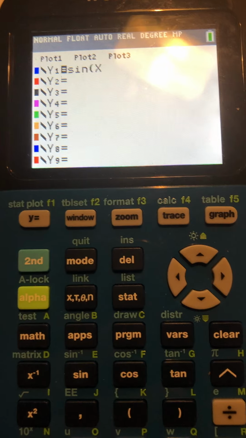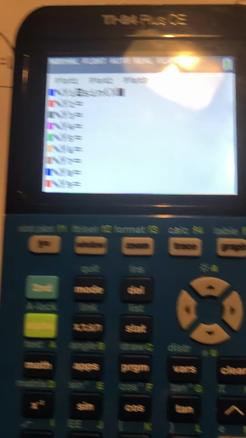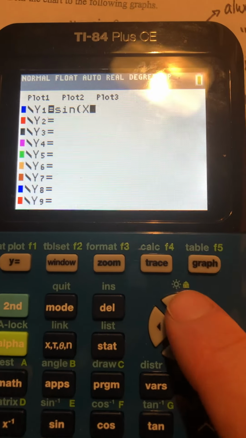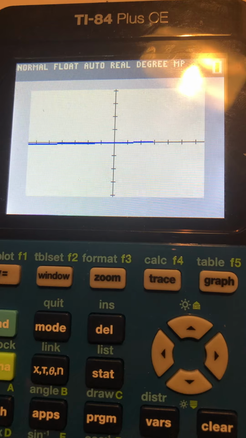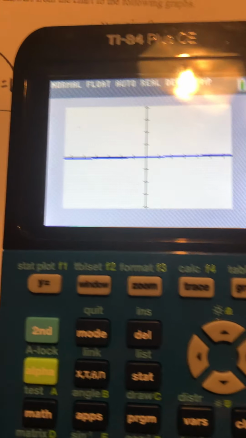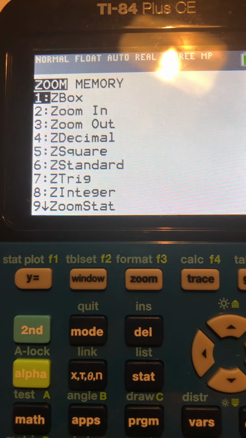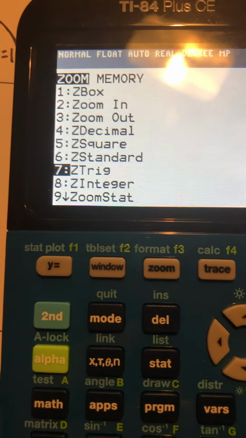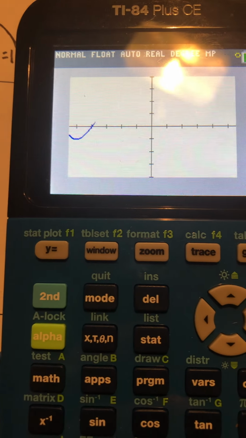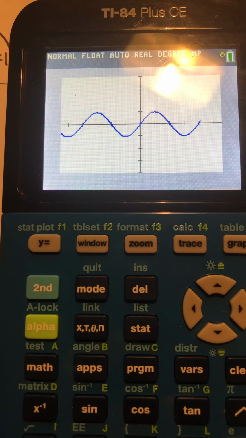Now, if I just did this on a regular xy axis and tried to graph it, it's not going to work. That doesn't really look like what we just graphed. So I have to change my zoom to a special zoom. You might guess it. We're going to go down to zoom 7, which is ZTrig. And there is the sine wave. Ta-da!